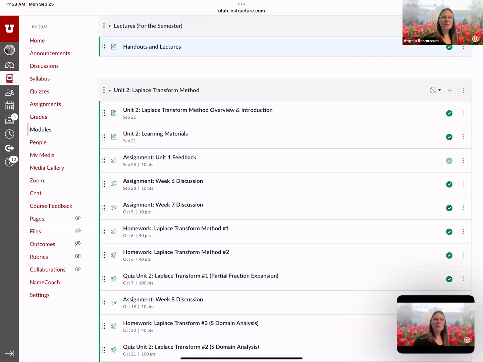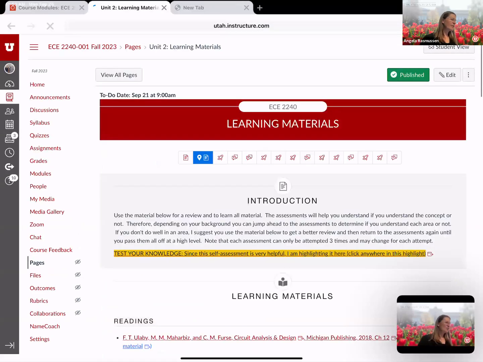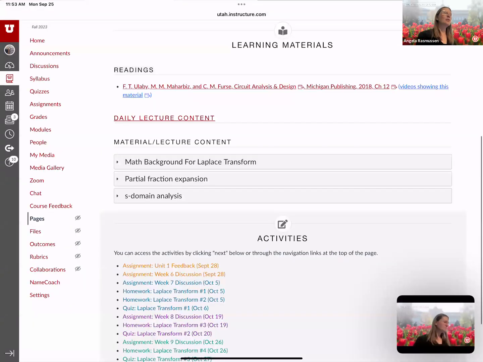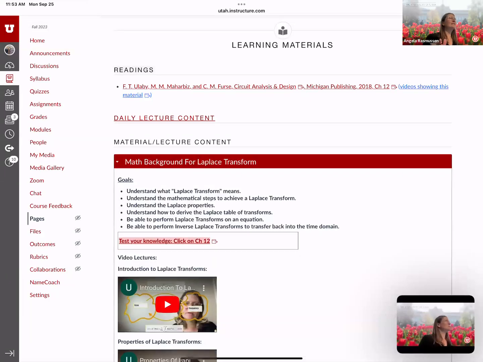So I would like to encourage each of you to look through the learning materials. There's really only 3 sections. The biggest thing you're going to have to learn is some new math techniques, or review some older math techniques if you haven't seen them in a while.